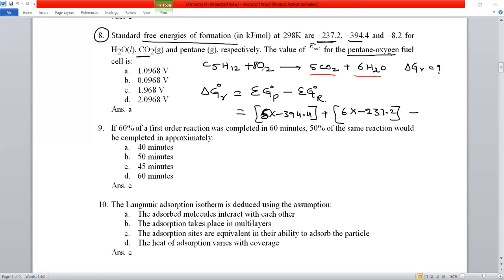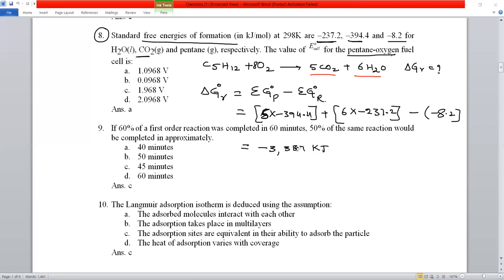So this is the summation of the products minus the reactants. What are the reactants we have here? Oxygen is there as well as pentane. But oxygen should be 0, right? It is in elemental form. So we only have to take pentane, which is minus 8. So students, on simplification we will get the change in Gibbs free energy of the reaction as 3,387 kilojoules.